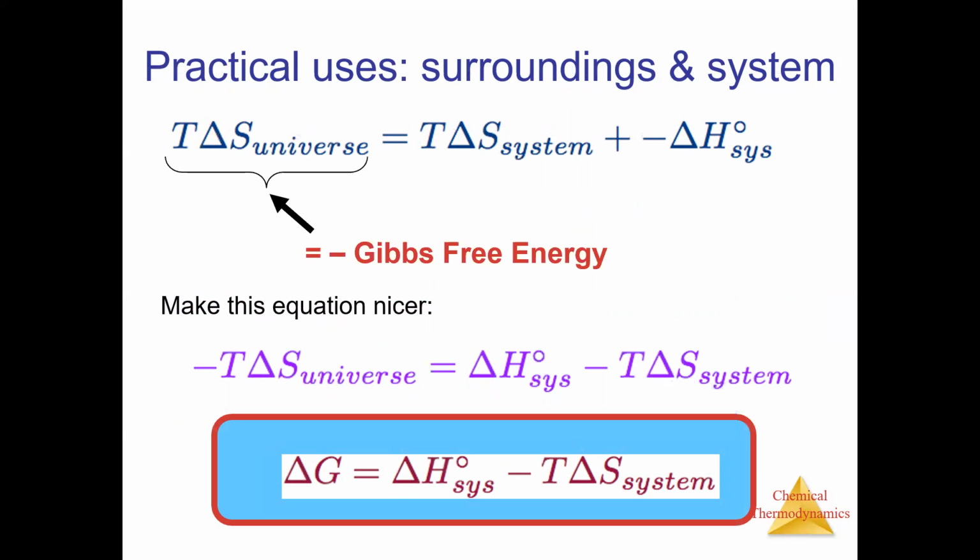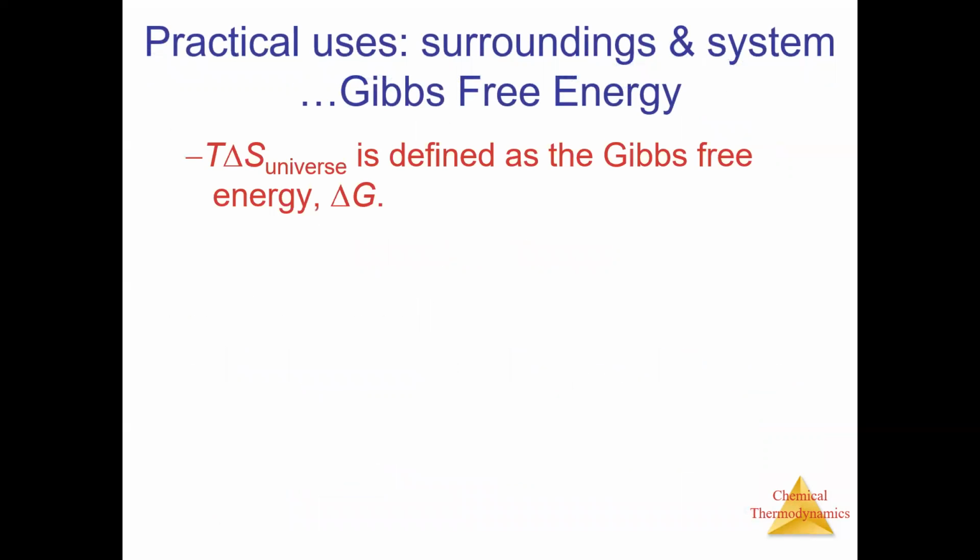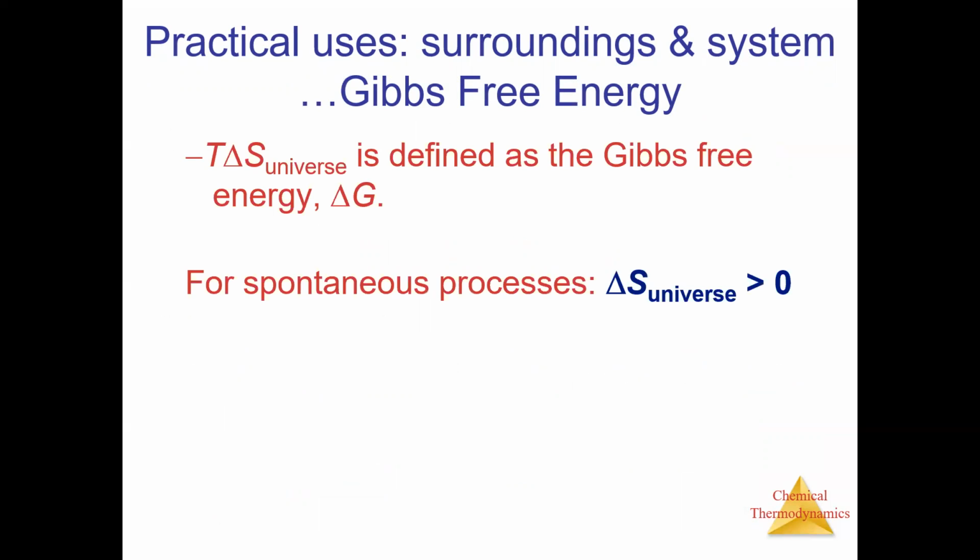So here you can see when change in entropy is positive, Gibbs free energy will be negative. This is how it is defined, and this is how for a spontaneous process change in entropy has to be positive, whereas change in Gibbs free energy will be negative.